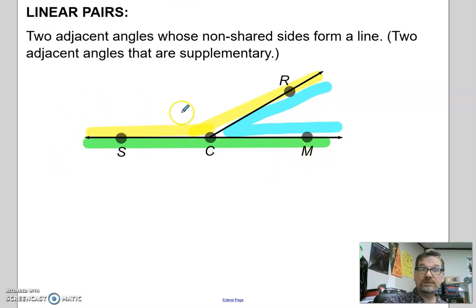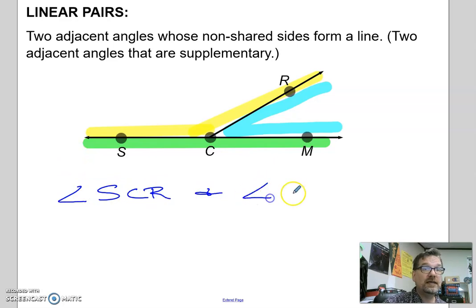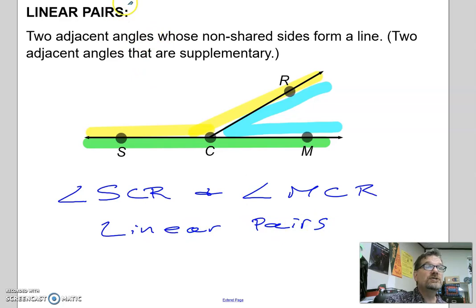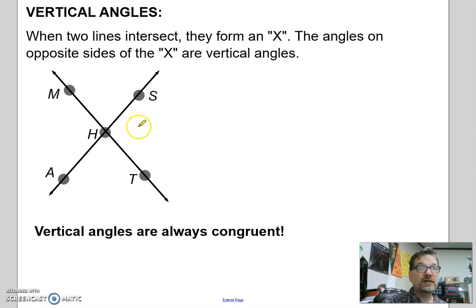So just by looking at this, I don't need to be told that it's 180. I can see it. These are a linear pair. Linear because they make a line. So angle SCR and angle MCR are linear pairs. SCR is the yellow angle, and MCR is the blue angle.